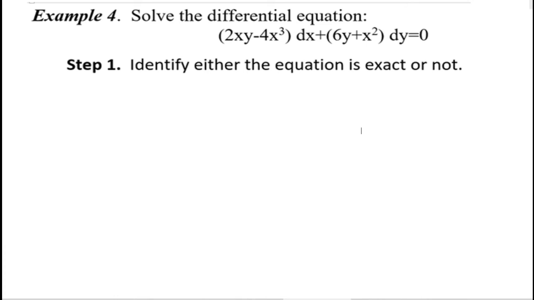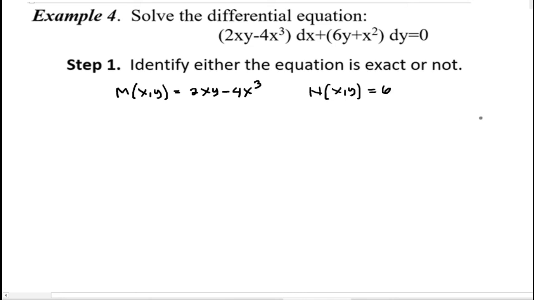Our step 1 here, we are going to identify either the given equation is exact or not. From the given equations, our value for M is 2xy minus 4x cubed. Then, our value for N is 6y plus x squared.